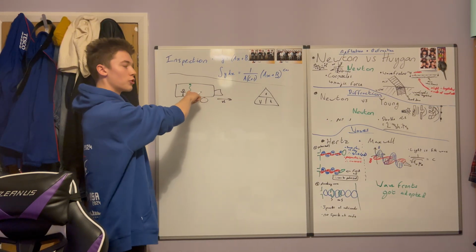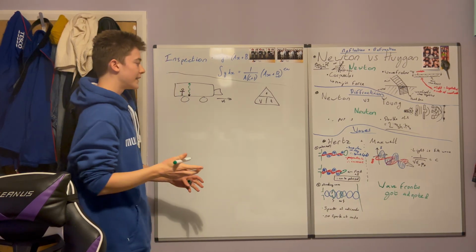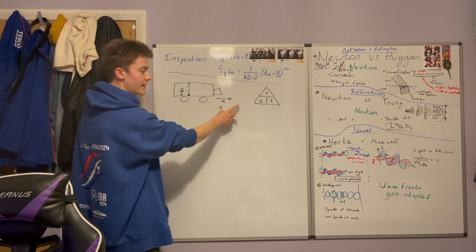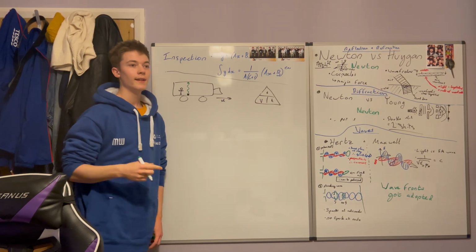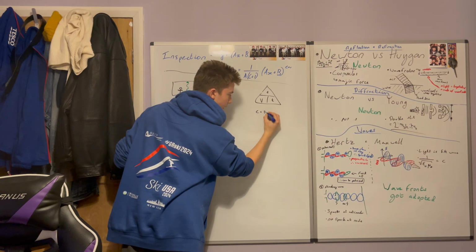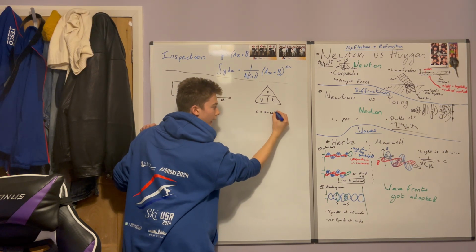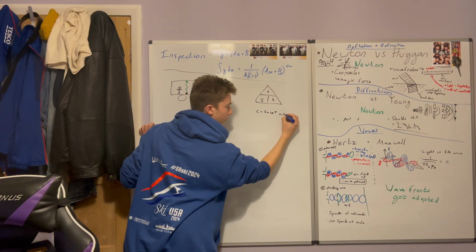And this will travel a distance of CT. Just like this is VT, this is CT, C being the speed of light. C equals 3 times 10 to the 8 meters per second.